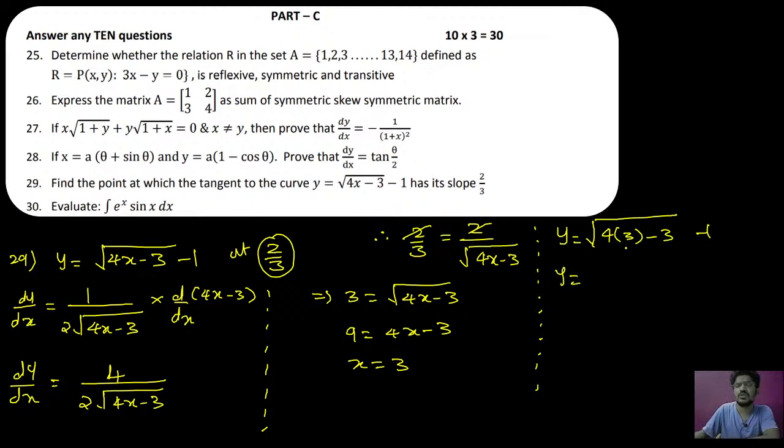So y will be equal to 4 into 3 is 12, 12 minus 3 is 9, root of 9 is 3, 3 minus 1. Therefore y is 2. Therefore the required point is x is 3, y is 2.